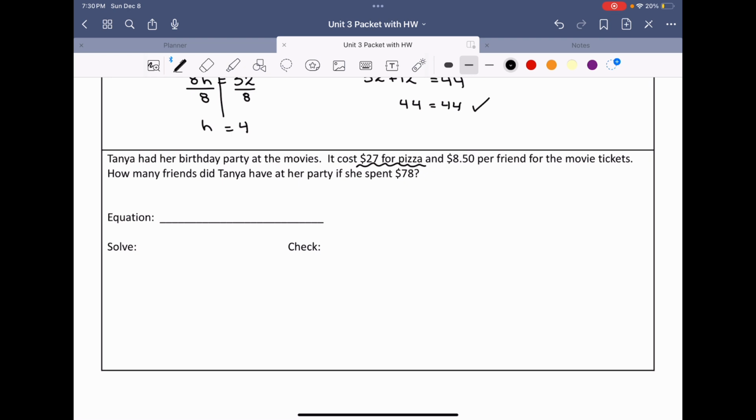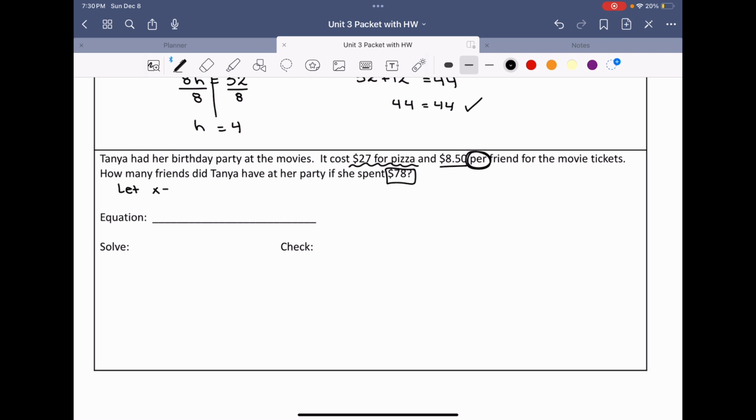$27 is the constant. You're going to spend $8.50 per friend, and the total is $78. So I'm going to say let x equal number of friends. $8.50 times x plus the $27 on the pizza totaled to $78.